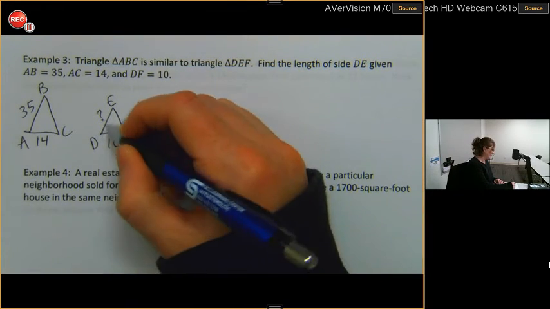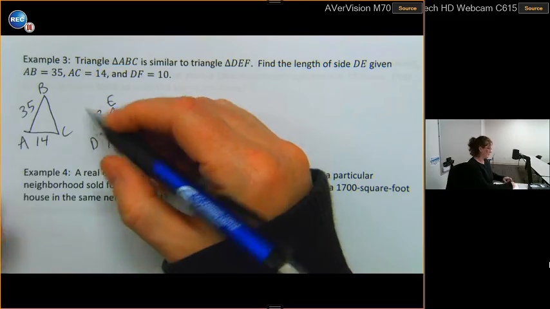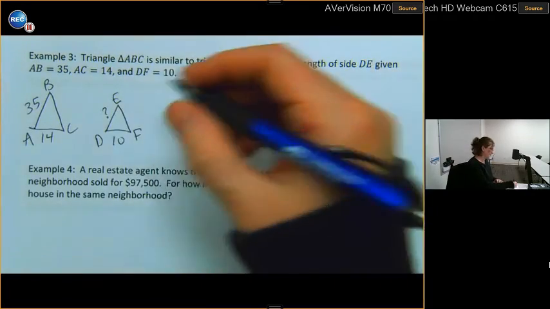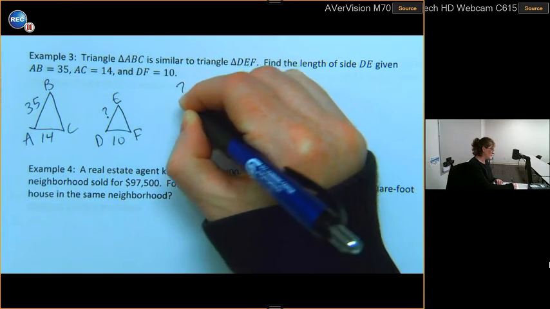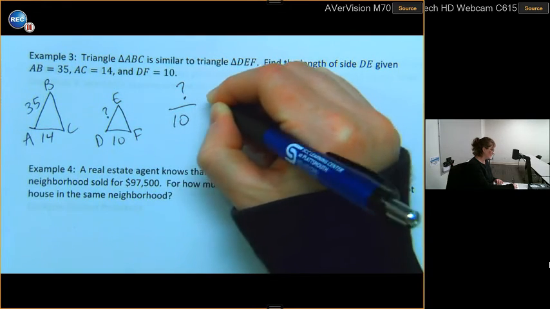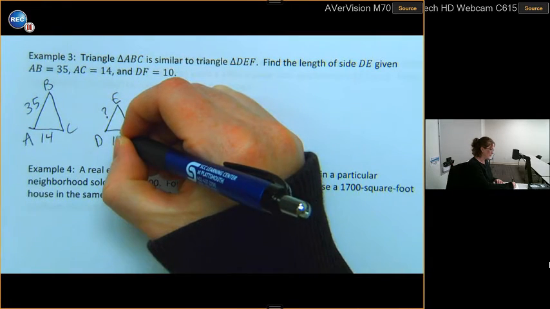So I can either stay within a triangle or I can jump between triangles. It doesn't matter which way you set it up. So if I go within my triangle, I have question mark over 10. So I went with left over bottom.